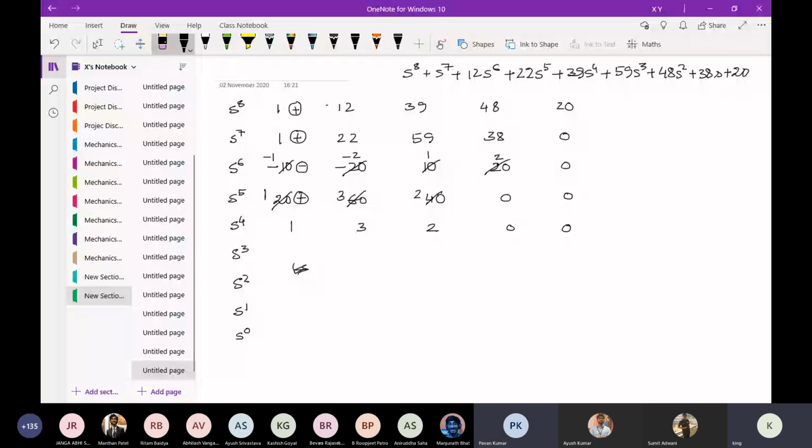We are considering the first column of every row, yes. Only the first column. So no sign change here, no sign change here, one sign change and another. Because it's positive to negative, one sign change, negative to positive is another sign change. So there are two sign changes.